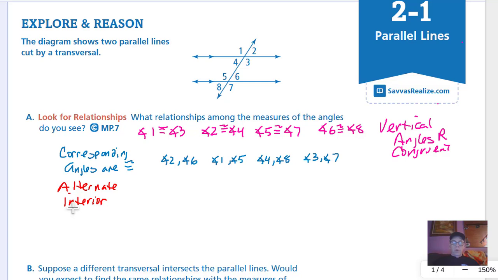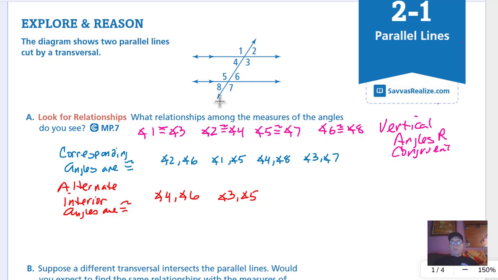So alternate interior angles are congruent. We'd have angle 4 with angle 6, and angle 3 with angle 5. So those pairs are going to be congruent to each other because those are alternate interior position angles.